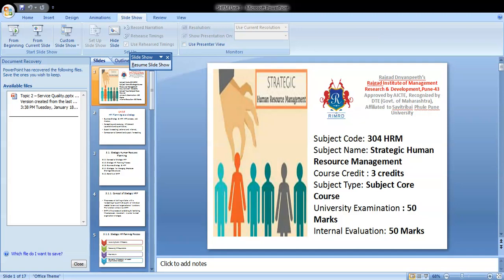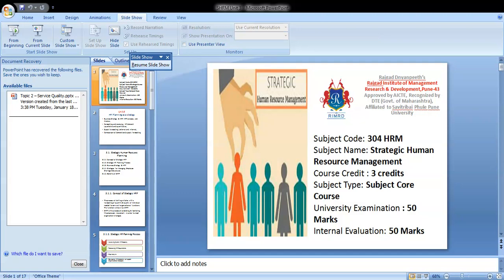In this point we will see some subpoints, that are 3.1.1 concept of strategic HRP, then 3.1.2 strategic human resource planning process, 3.1.3 business strategy and human resource planning, then 3.1.4 strategies for managing employee shortage and surplus, then 3.1.5, that is benefits of SHRP. So we will see all these points one by one.